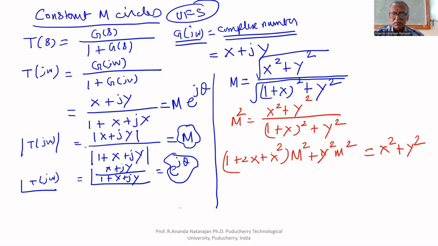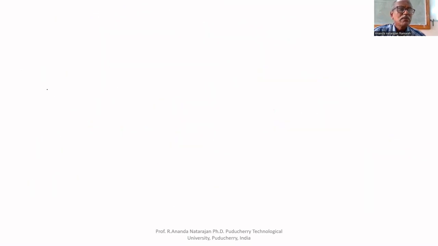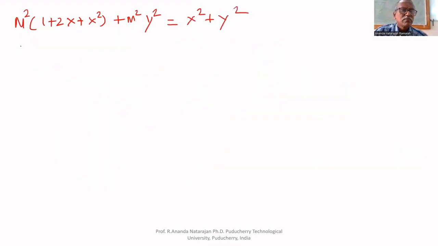This can also be written as M square multiplied by 1 plus 2x plus x square, plus M square y square, equal to x square plus y square. Except M square, bring all to the right hand side. Let us write one more step: M square plus 2x M square plus x square M square plus M square y square equals x square plus y square.